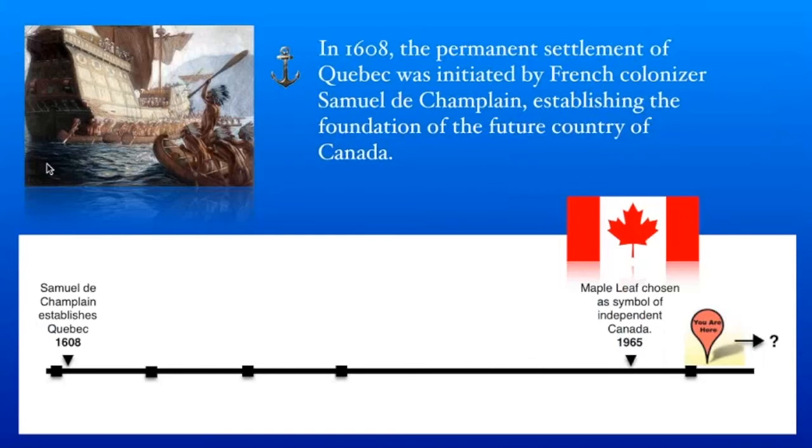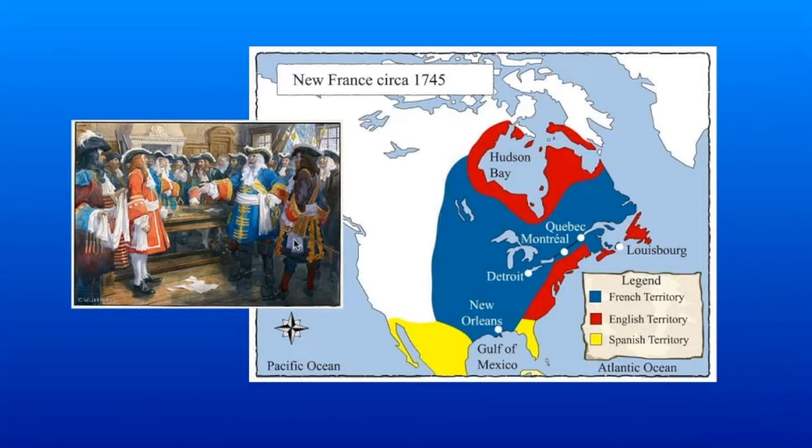The successful colonization of Quebec by Champlain and the French proceeded gradually over time. And in fact, they were able to penetrate deeply into North America to an extent that the English were not, such that they actually, as you can see from this map here, were able to lay claim to vast tracts of North America, including a lot of what we call the United States today, right?